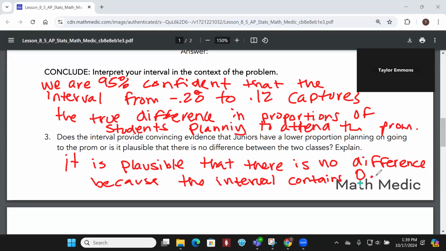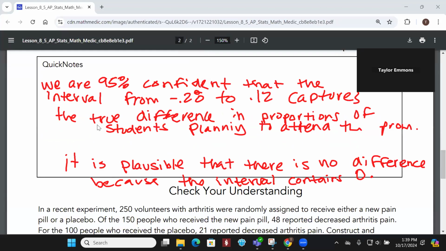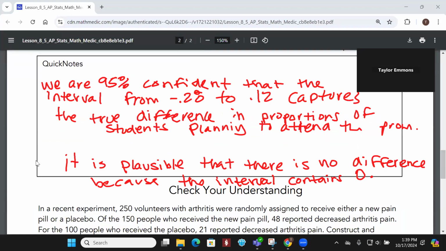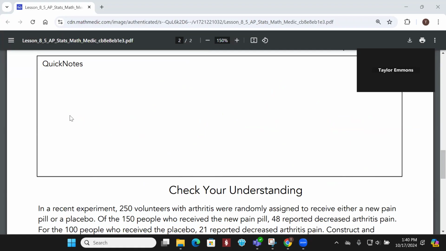All right, flip over to the back. We're going to talk about the summary. The biggest thing is we talked about the 4 C's, which we already talked about, but now for proportions. You're going to choose, check, calculate, and conclude.